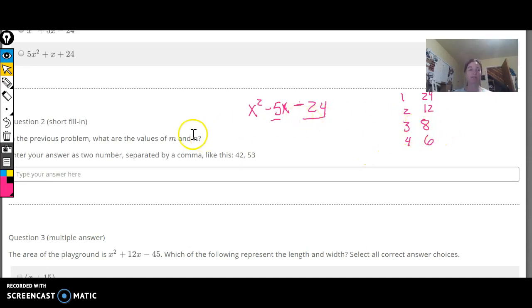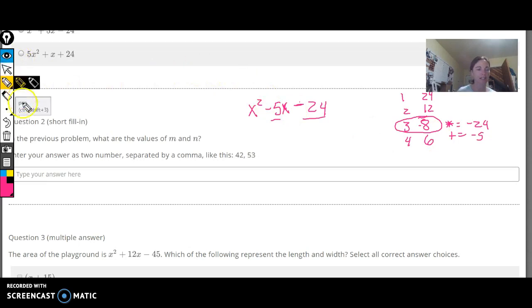So these two numbers, 3 and 8, when the 3 is positive and the 8 is negative, when I multiply them together, I get negative 24. That's for multiplication. But when I add them together, I get negative 5. So that's exactly what we're looking for here.